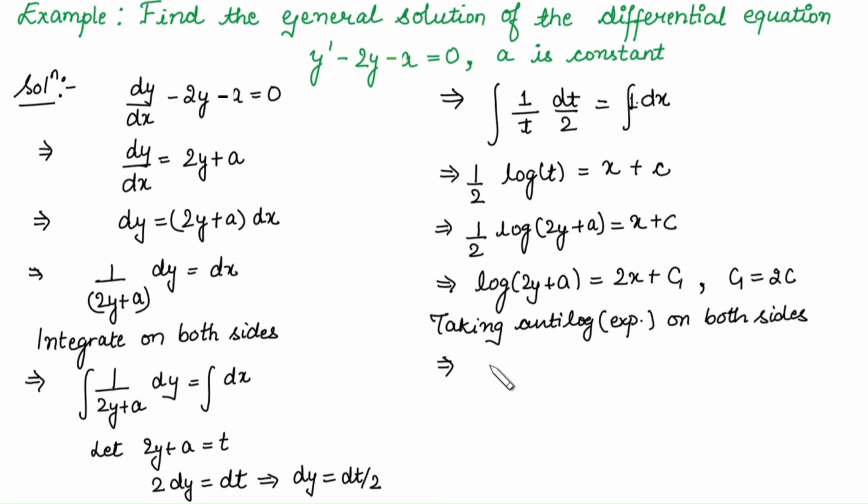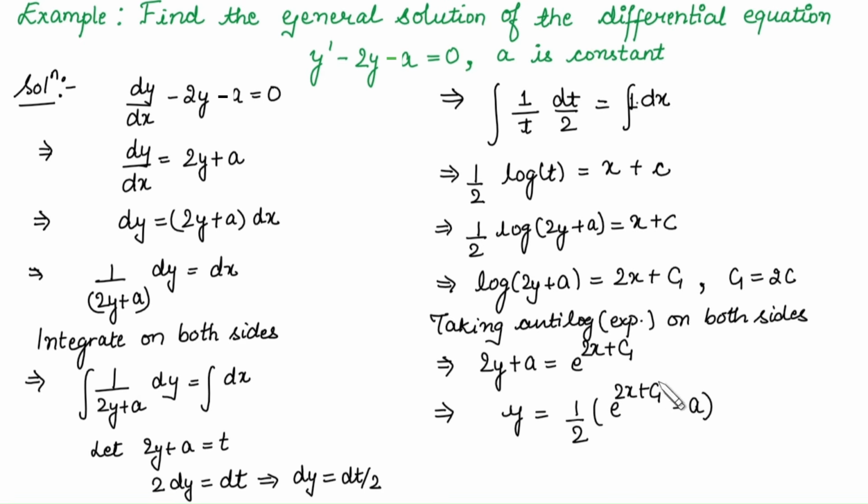This implies 2y plus a is equal to e raised to power 2x plus c1. Extract the value of y from here. This results y is equal to 1 by 2 e raised to power 2x plus c1 minus a.